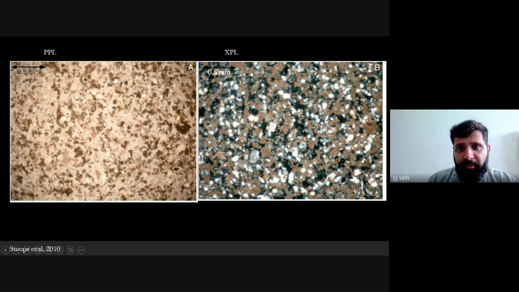Generally, a random distribution tells us that this material was not selected, or was not well selected. So if it was transported by some geomorphological agents that could not select the material very well, like glaciers or rivers, okay? Or all this coarse material was not transported. It was just formed in situ and is inside those horizons.